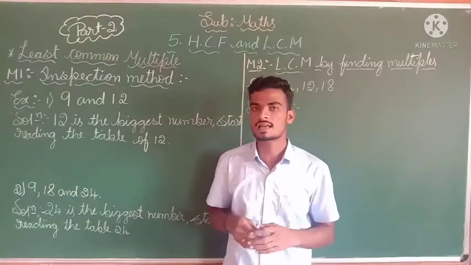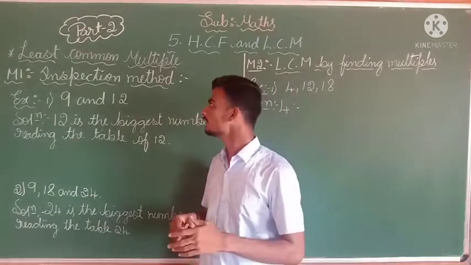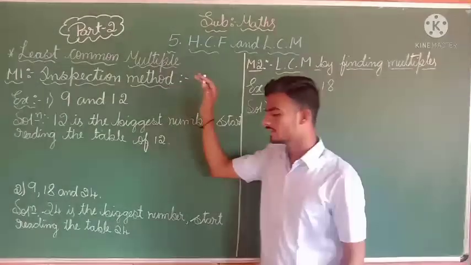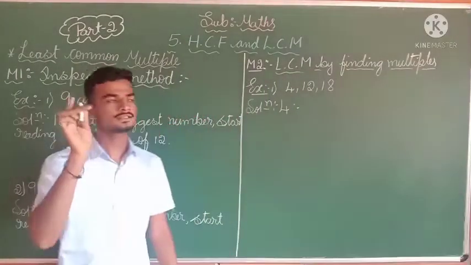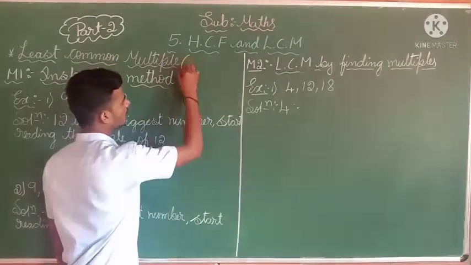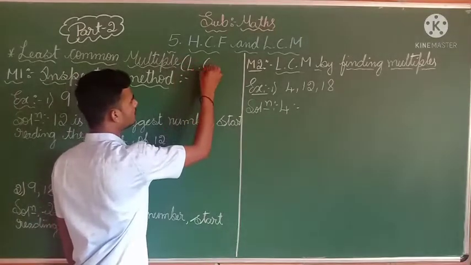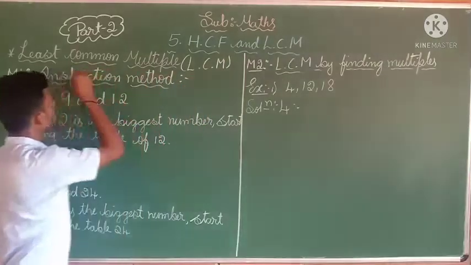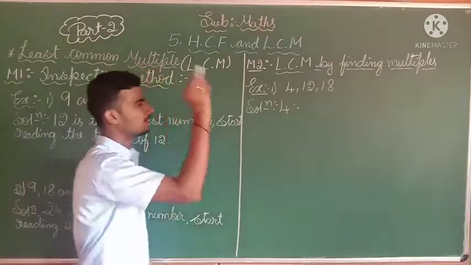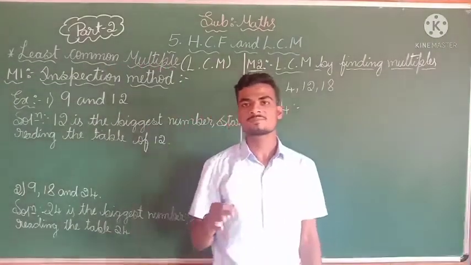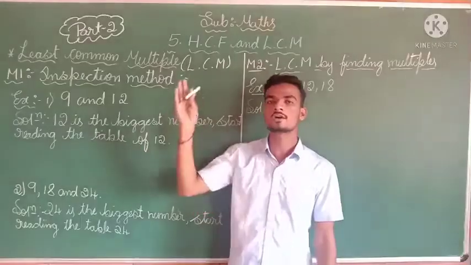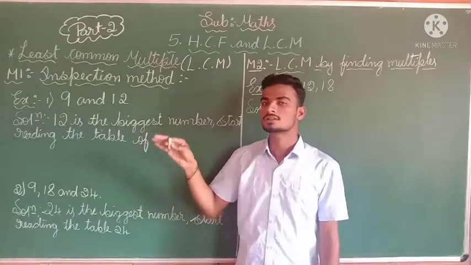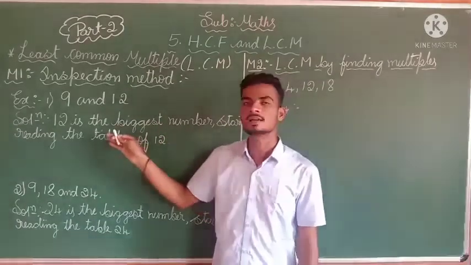So in today's class, let us discuss the least common multiple. Least common multiple stands for LCM. LCM means least common multiple. Again, we follow the same way as we did for HCF: the same three methods are repeated.